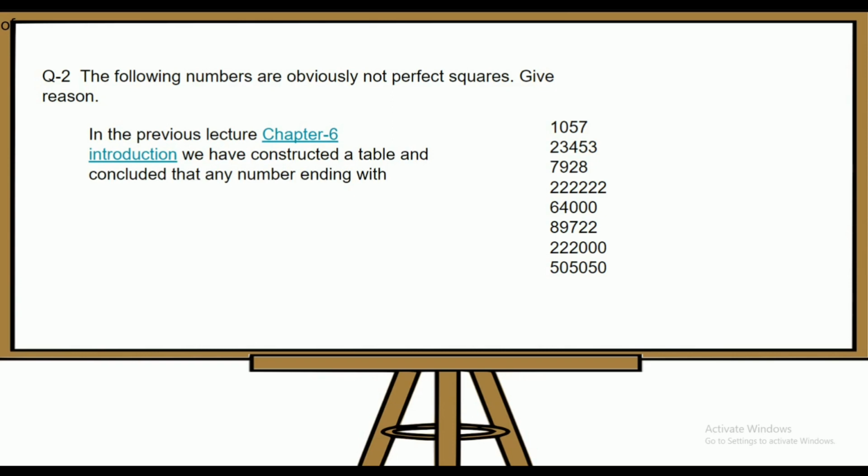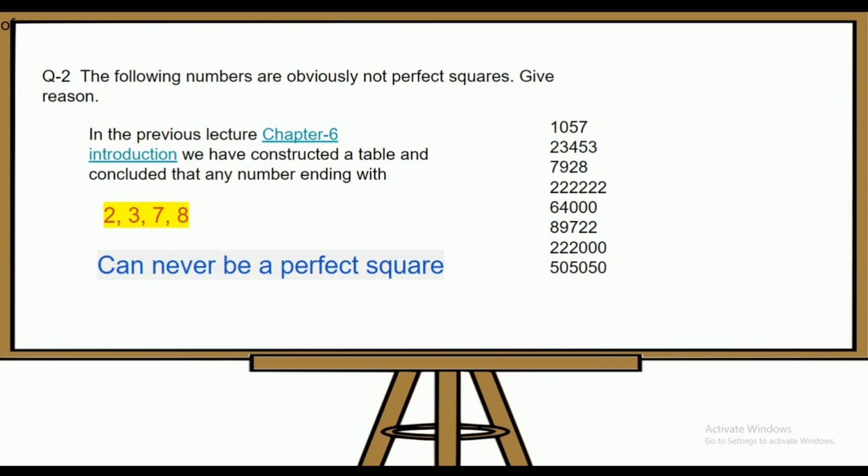In the previous lecture, we constructed a table and concluded that any number ending with 2, 3, 7 and 8 can never be a perfect square. So, we will strike out all the numbers having 2, 3, 7 and 8 at the end.